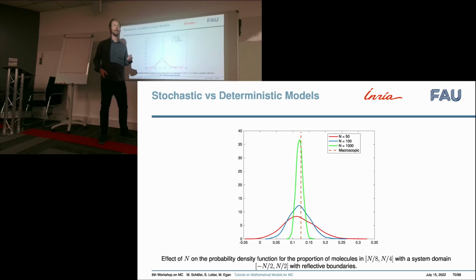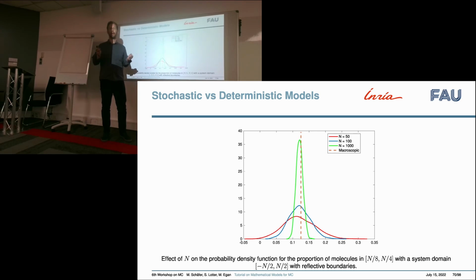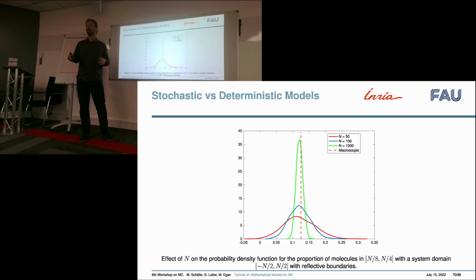This is the probability distribution for the number of molecules in a particular region, which in this particular system is between n divided by 8 and n divided by 4. When n is small, we have quite a large variance. What that's telling us is that we have quite a lot of uncertainty in the number of molecules in this region, or the proportion of the number of molecules in this region.